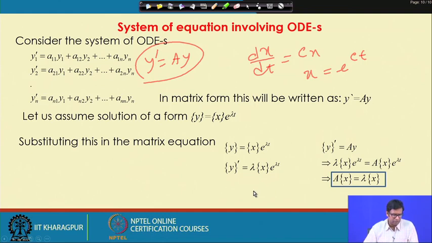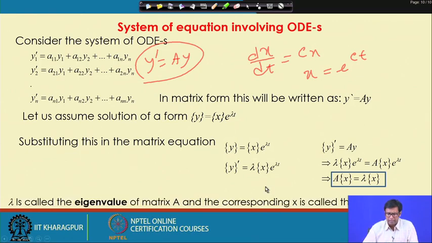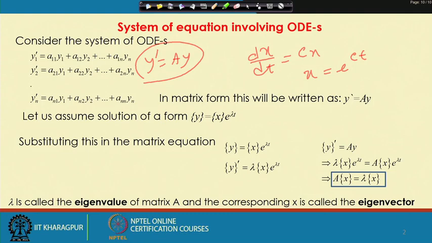This particular equation is the equation for the eigenvalues and eigenvectors of A, and lambda is called an eigenvalue of matrix A and the corresponding x is called an eigenvector. We will see eventually that for an n by n matrix there can be multiple values of lambda and multiple eigenvectors. We will quickly see that through an example.